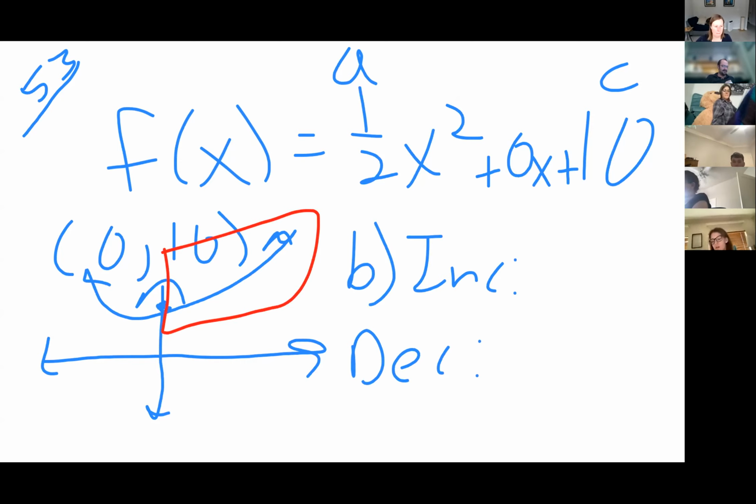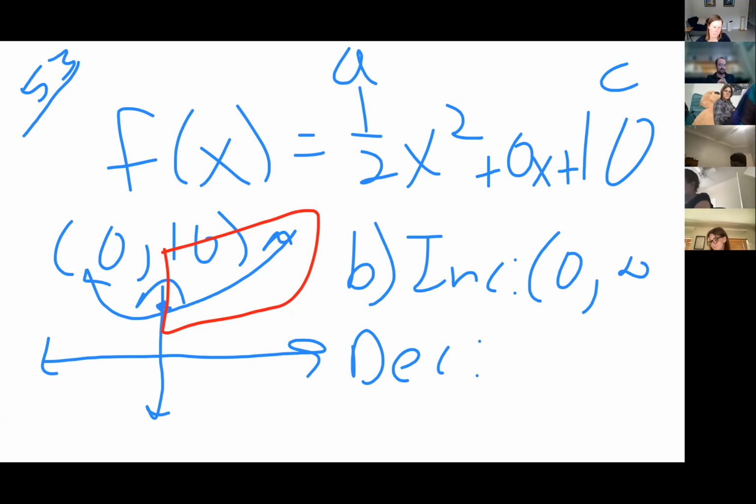And if I want to talk about that right side, what are the x values I'm talking about there? I'm starting where? The x values, not the y. 0. 0, and how far does that go?